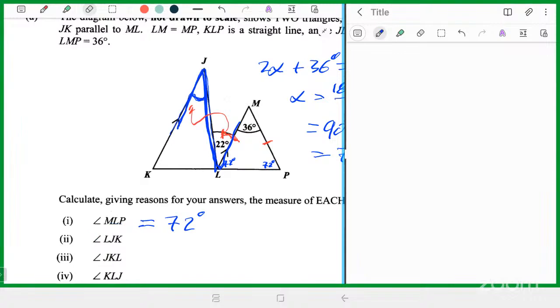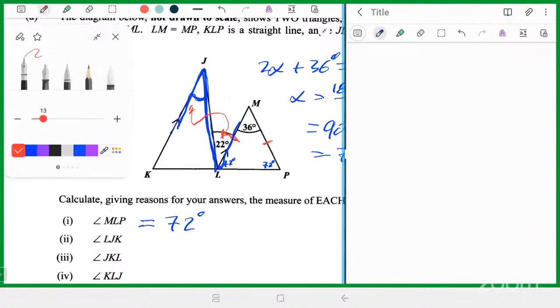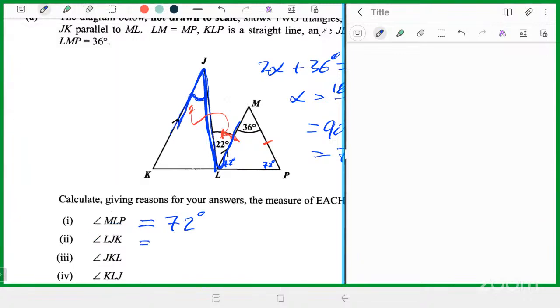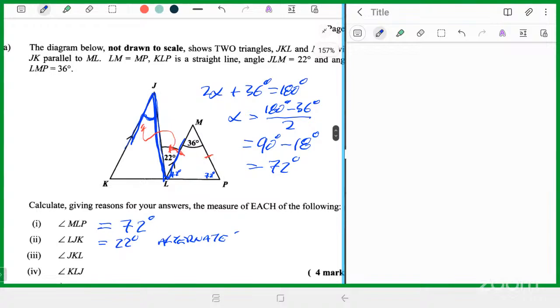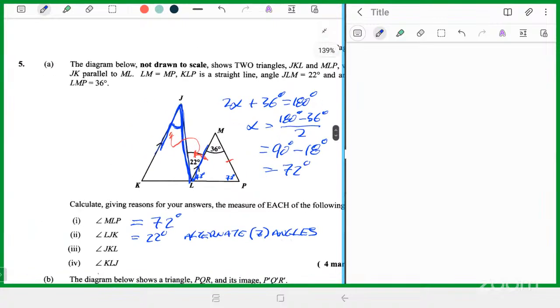So this angle up here that I want is also 22 degrees. Alternate angles are Z angles. They are equal, right? That's why those are equal.